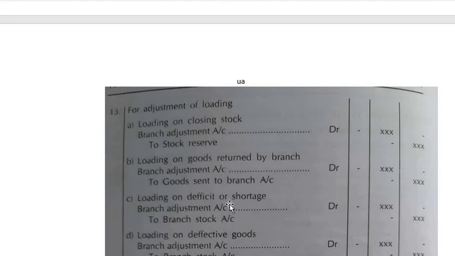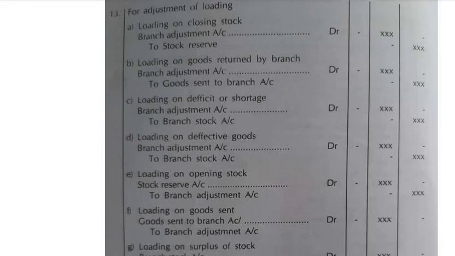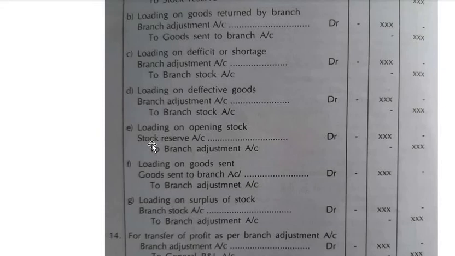Loading on deficit or shortage: branch adjustment account debit to branch stock account. Loading on defective goods: branch adjustment account debit to branch stock account. Loading on opening stock: stock reserve account debit to branch adjustment account. Loading on goods sent: goods sent to branch account debit to branch adjustment account. Loading on surplus of stock: branch stock account debit to branch adjustment account.